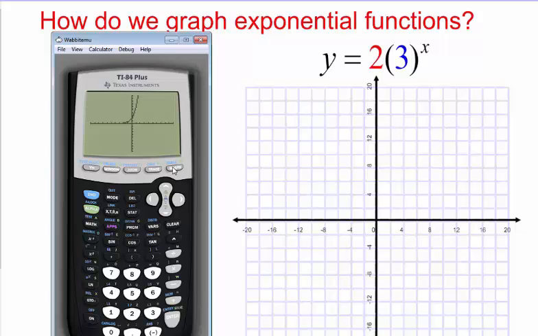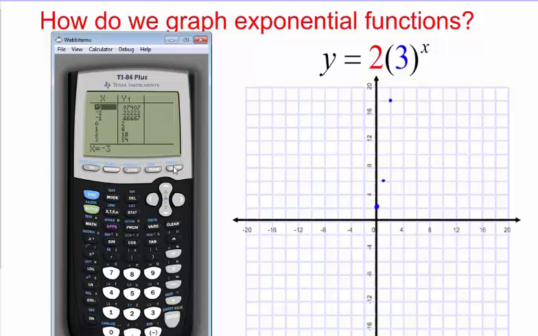But I'm going to go ahead and use the table of values to help me plot these points. Now notice everything in the negatives is super small. Our first real value that I'm going to plot is at 0, 2. Now notice this table is going by 2's in every direction. I've got 1, 6, so I'll plot that point. 2, 18, which is up here.